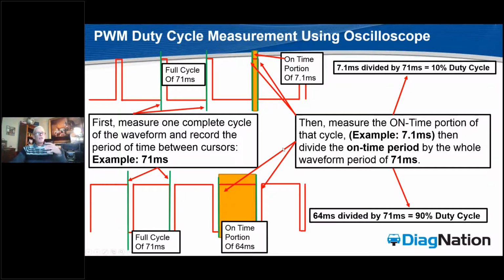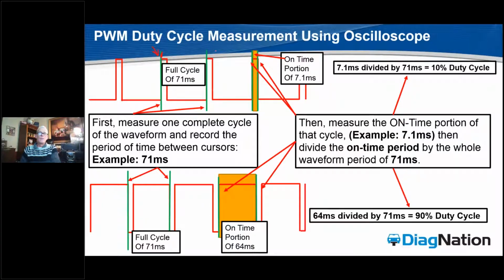Now, typically, when we're going to measure a pulse width of any kind on an oscilloscope, the first thing we need is one full cycle of the waveform. For those of you that have been lab scoping for a while, you know that one full cycle of the waveform is where the waveform starts and then repeats again. So in this case, if you'll follow my pen here, we're going to take our cursor right here, and we're going to measure this rising edge of the pulse width modulated on time switch.